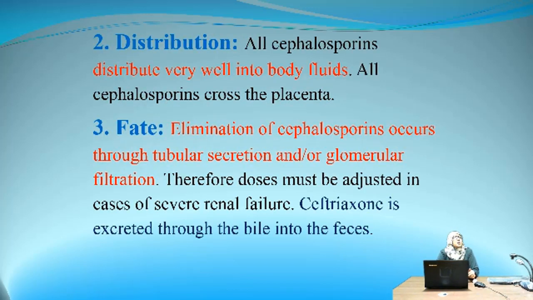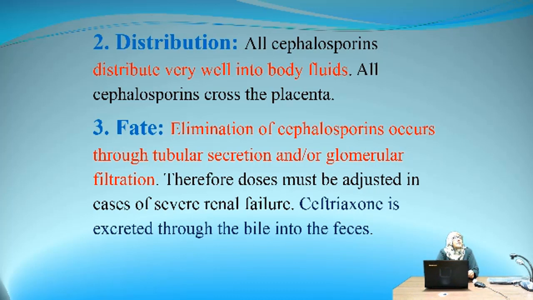Distribution. All cephalosporins distribute very well into body fluids, and all cephalosporins cross the placenta. Fate of cephalosporins: elimination occurs through renal routes by tubular secretion and or glomerular filtration.